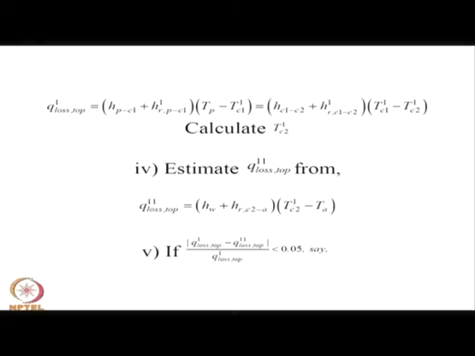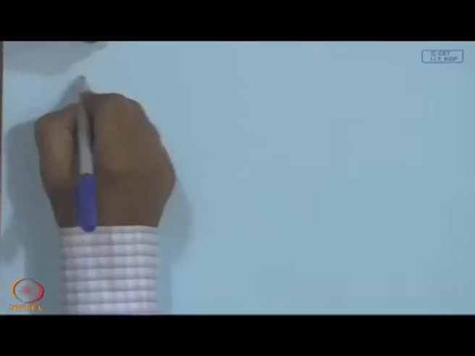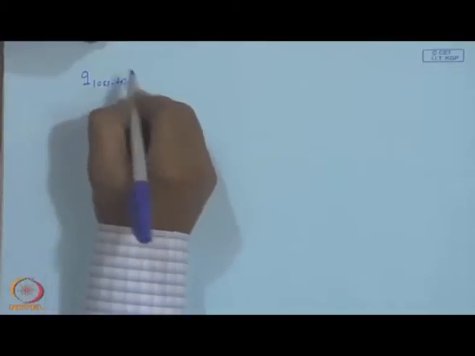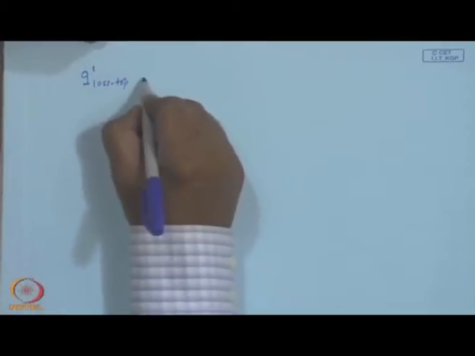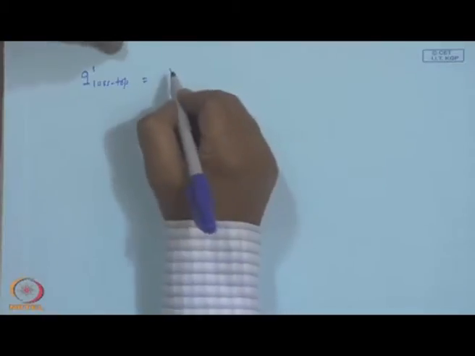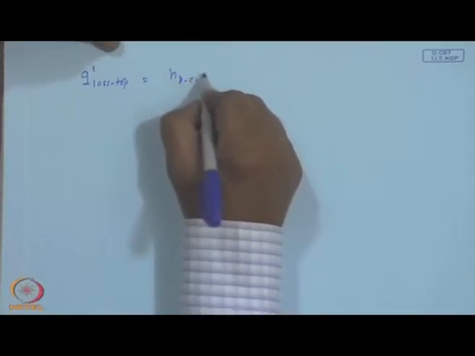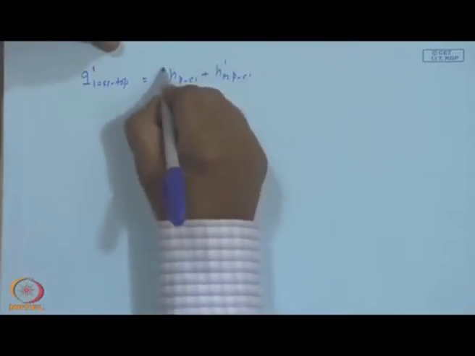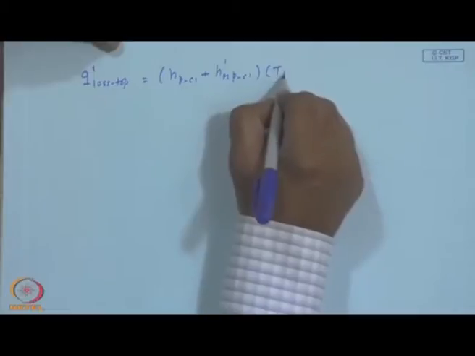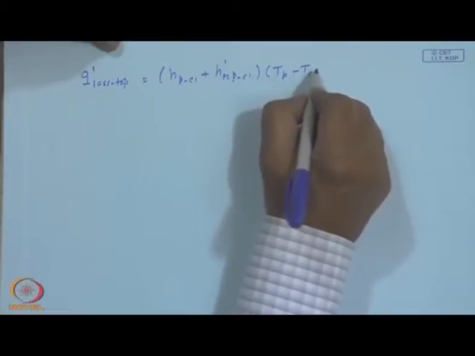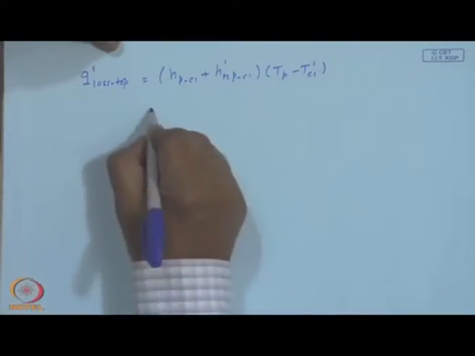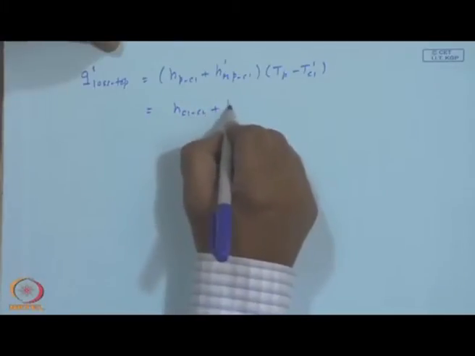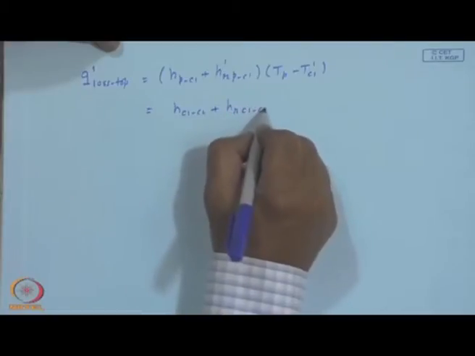So, this relation will be Q loss top 1 should be equal to H p C 1 plus H r p C 1 1 times T p minus T c 1 1 should be the same as H C 1 to C 2 plus H r C 1 to C 2.